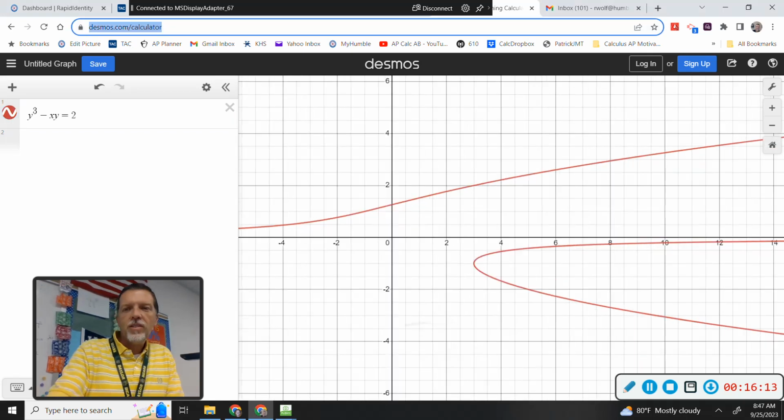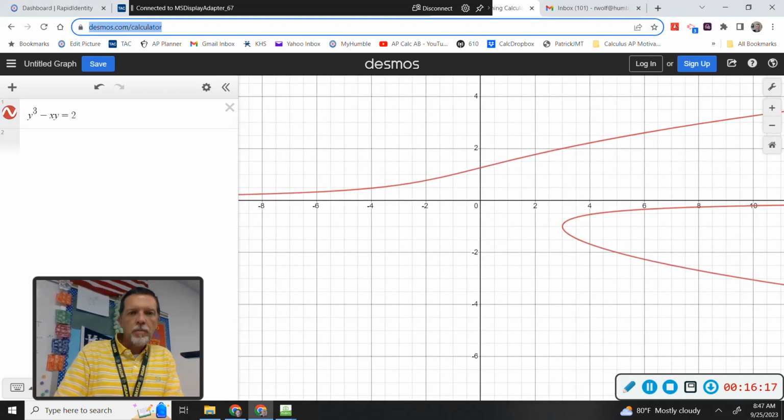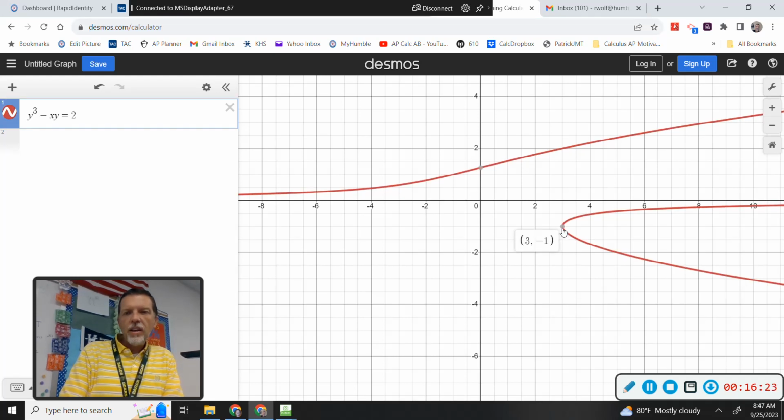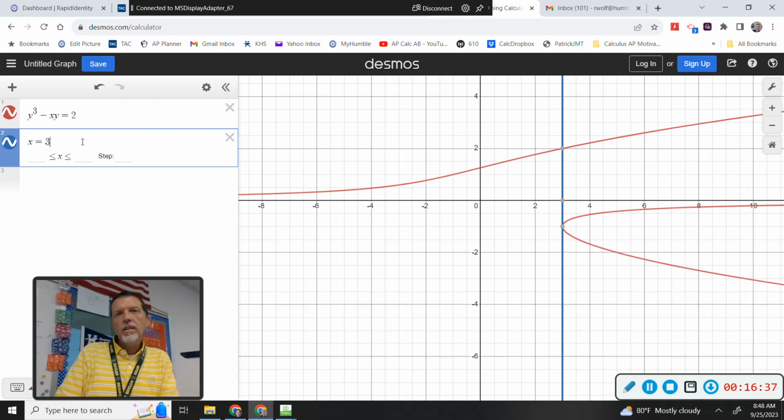So that's some weird, crazy graph, not even a function. And we said at 3, negative 1, it has a vertical tangent line. And sure enough, if we were to draw a tangent line to this curve right there, it would be a vertical tangent line at x equals 3. So, again, you don't have that on the test, but that's me checking to make sure that my answer is right.